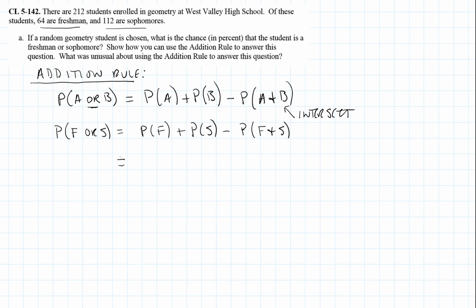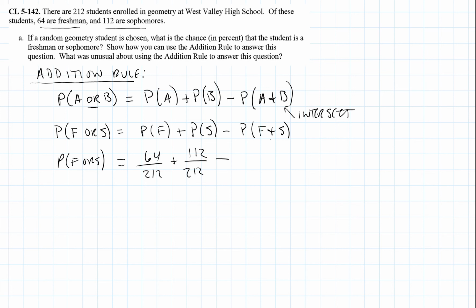So the freshmen, how many are there? There's 64 out of 212 students in geometry. And then the sophomores are 112 out of 212, minus the intersection.